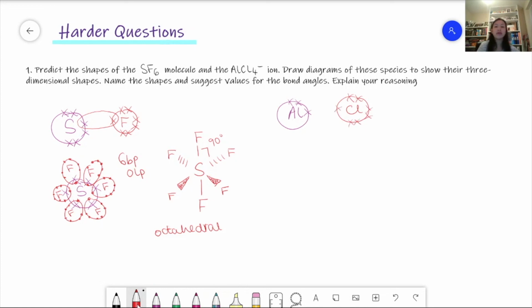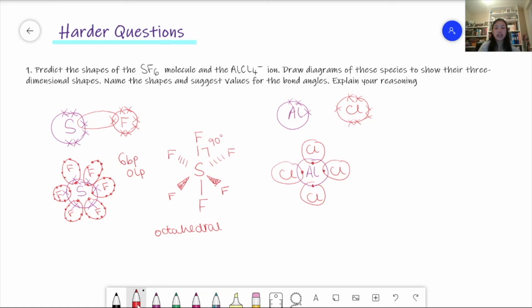So when we bond 4 chlorines to aluminium, we then get something that looks like this. 2, 3, 4.